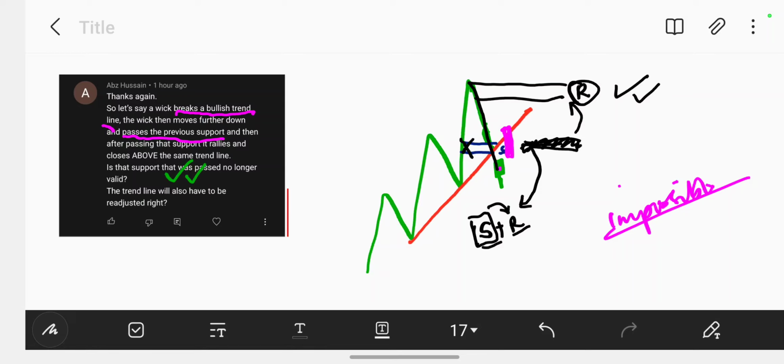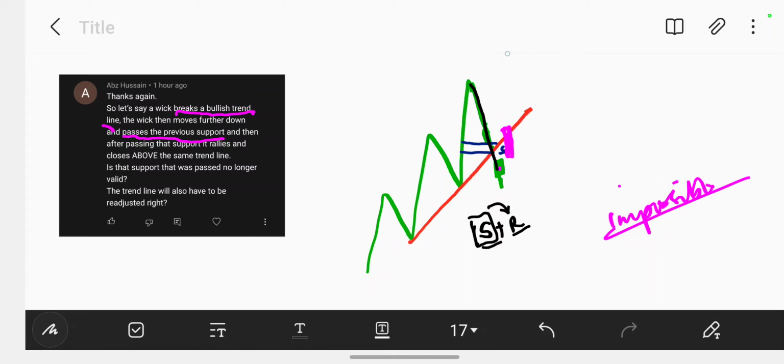The trend line will also have to be readjusted. No, I'm assuming you are asking something like this, but the answer is no. Let me show you. I already see where you are going with this, but the answer is no. You are asking if we now need to bring the trend line here, readjust it like that. The answer is no, and that's simply because you need to understand this concept.